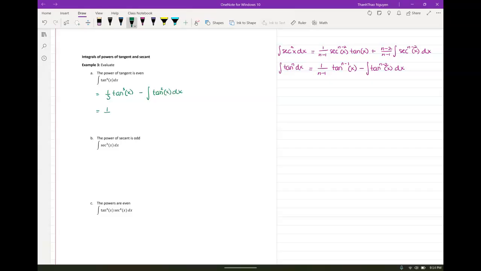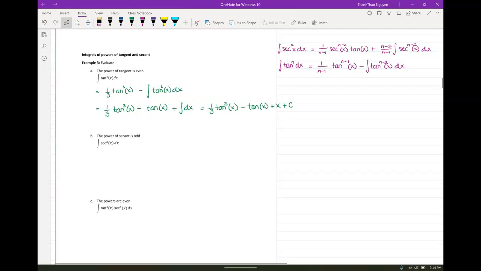I can apply the formula one more time to get 1/3 tangent to the third of x minus tangent of x plus the integral of dx, that is 1/3 tangent to the third of x minus tangent of x plus a constant c.